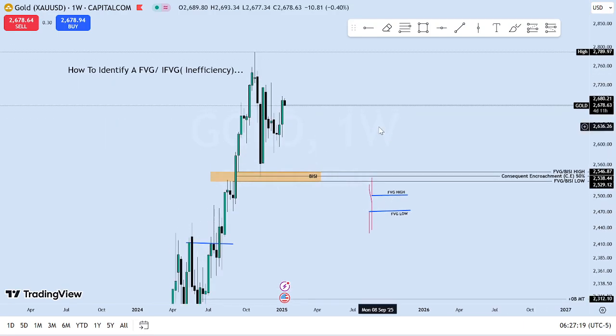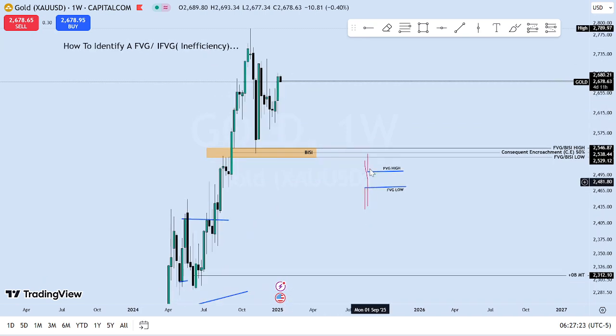So that's how to identify a fair value gap. You can see the diagram here. This is the first candle, then the second candle that went up, which is this other block here. Then we have the third candle, the low of it created a gap, the fair value gap there.